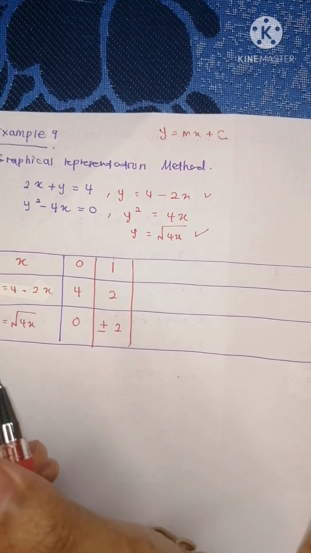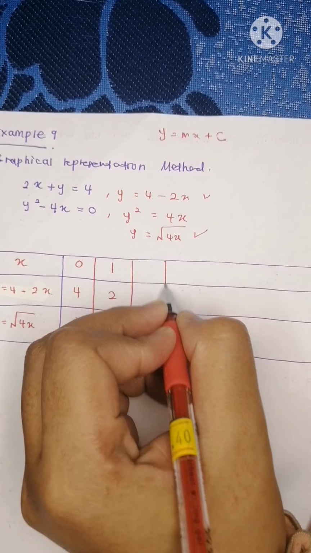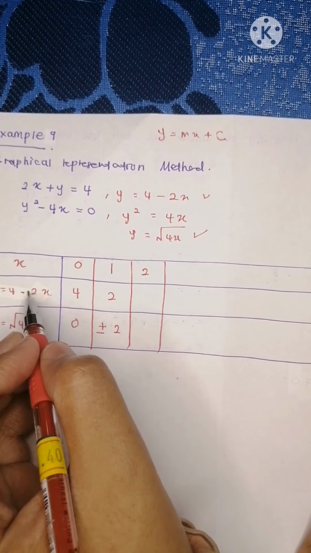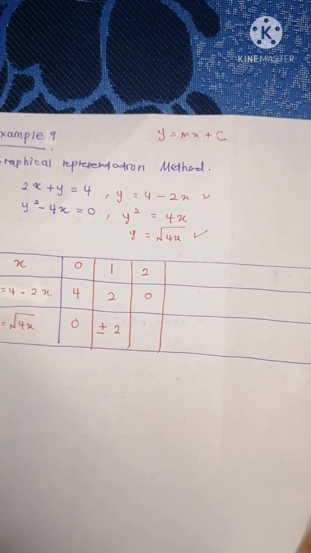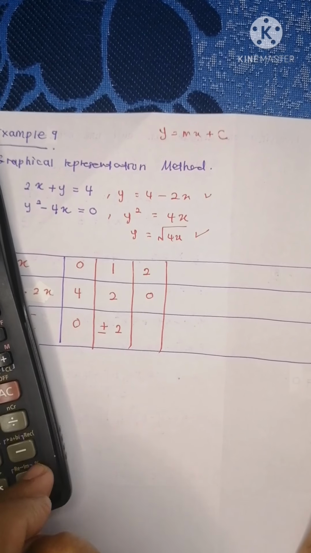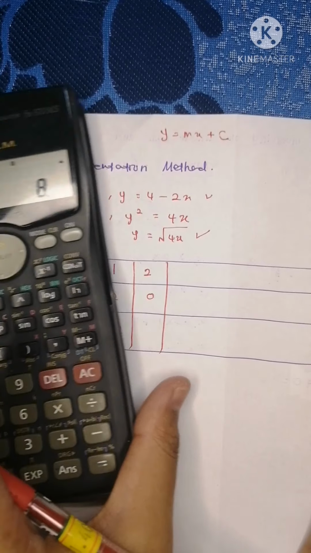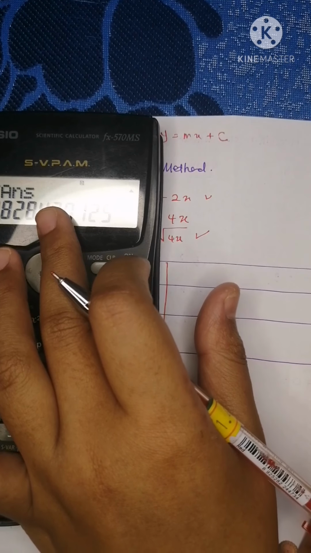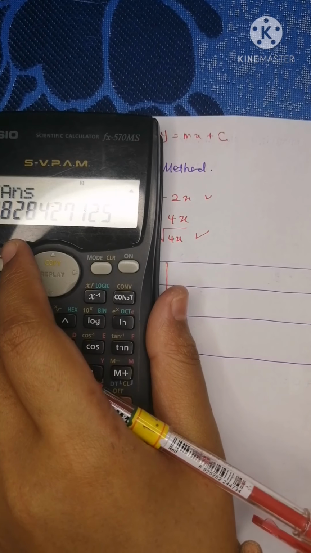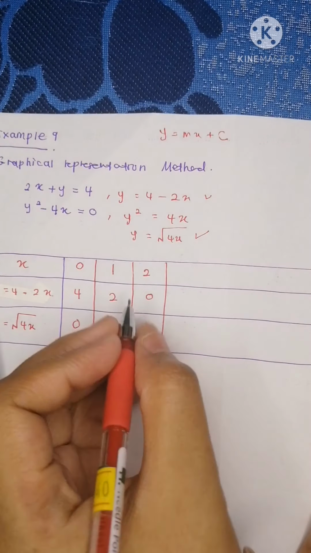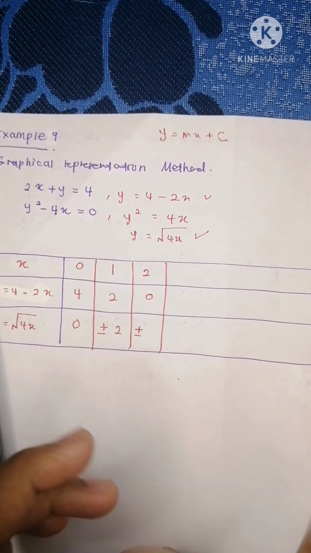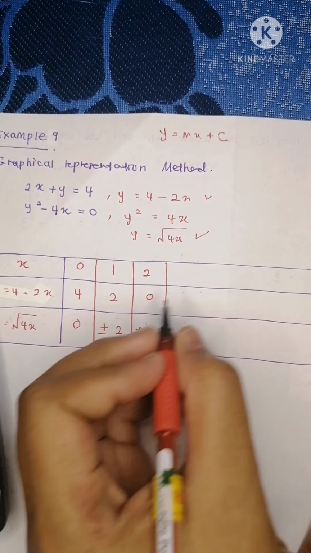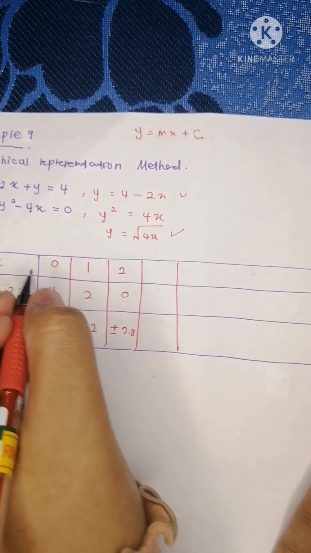Then x is equal to 2: 4 minus 2 times 2, you get 0. And then 4 times 2, you will get 8. You square root, and take just 1 decimal, please. So 2.8. You need plus minus because we square root a whole number, so plus minus 2.8.